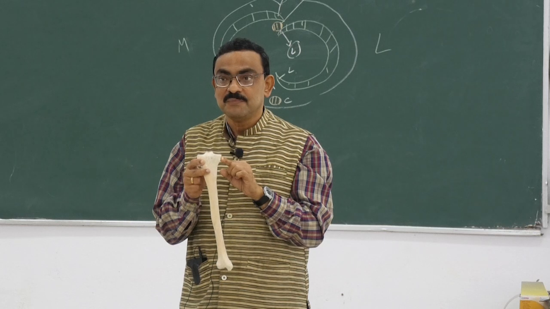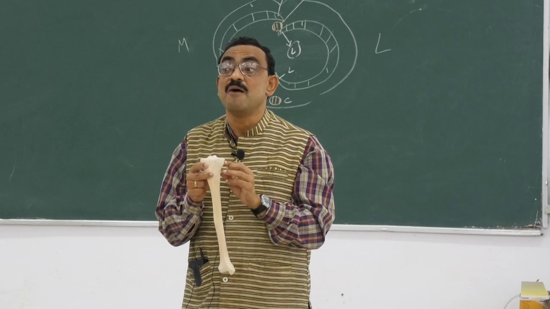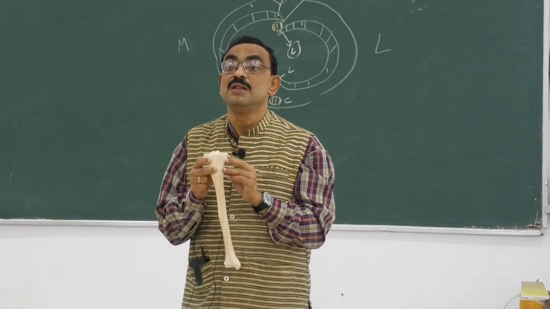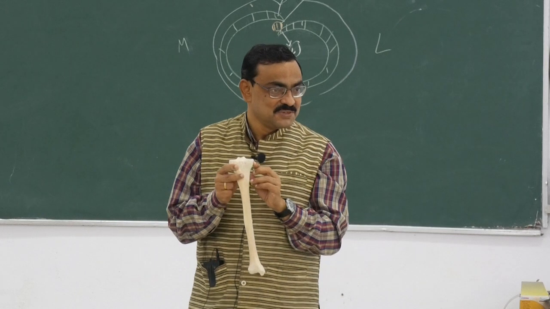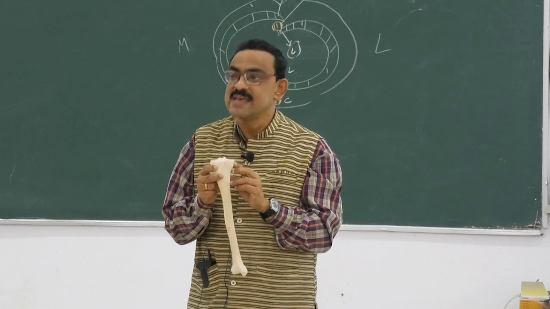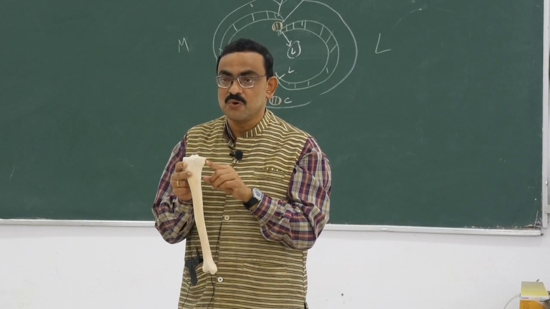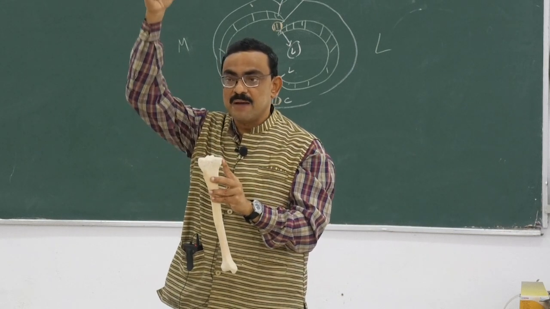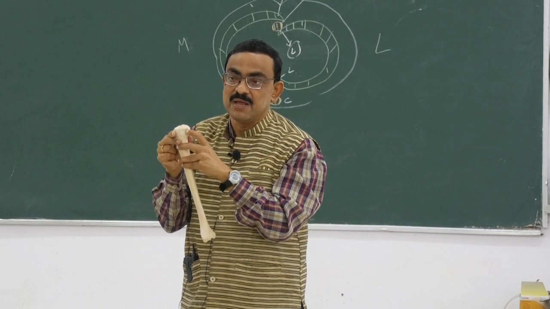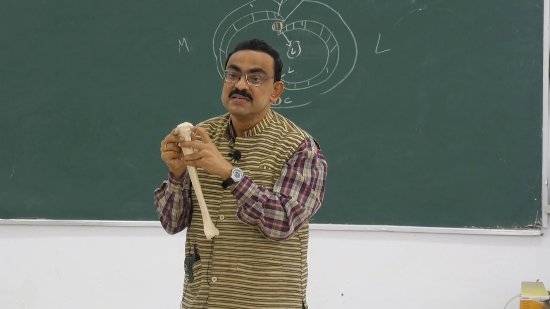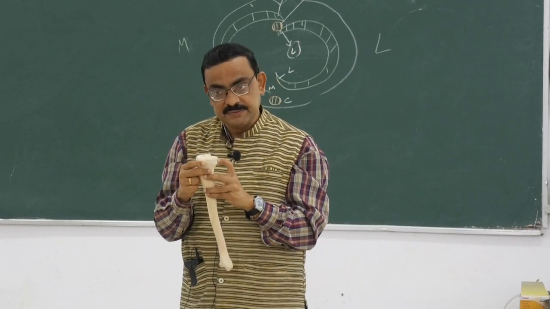Why is the name given semimembranosus? Because when you see, you will notice half of the muscle is membranous. Hemi or semi. So the muscle is coming from above and it is getting attachment here. This is the groove for the semimembranosus. Clear?